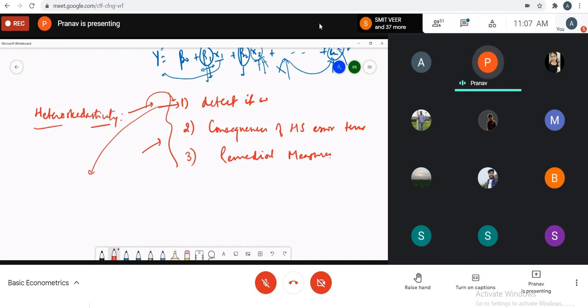What did we see just now in the example? We plotted the residuals from a regression equation against the explanatory variable, and just by looking at the plot of residuals, we could convince ourselves that the errors do not have equal variance for all the observations.